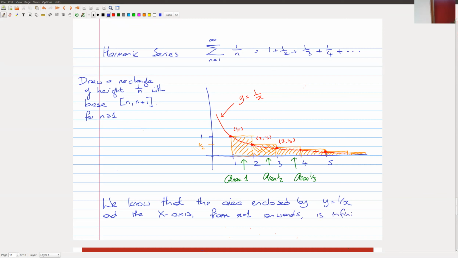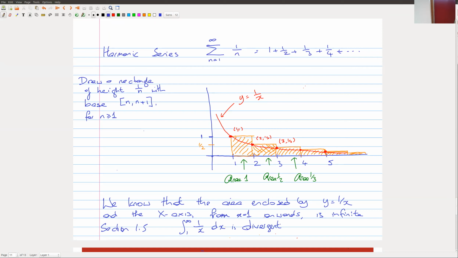Because we proved back in section 1.5 that the improper integral from 1 to infinity of 1 over x is divergent, that the area enclosed by that graph is infinite, the area is accumulated without bound as we proceed to the right.